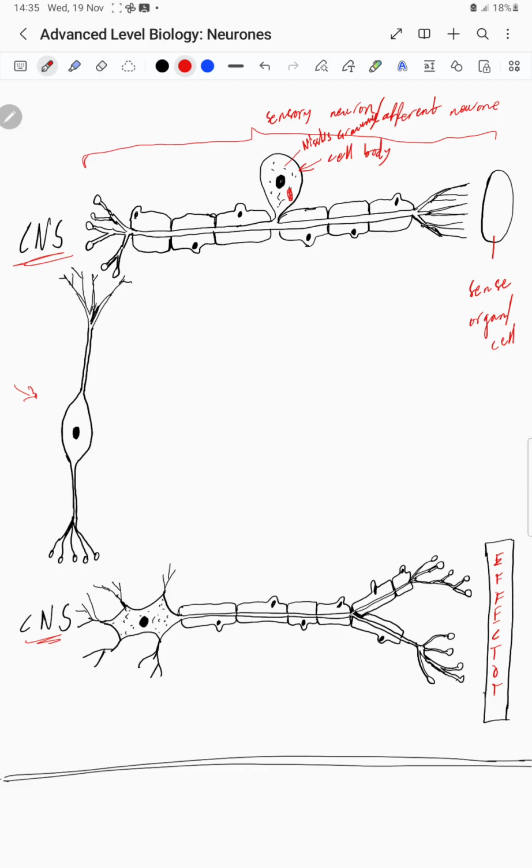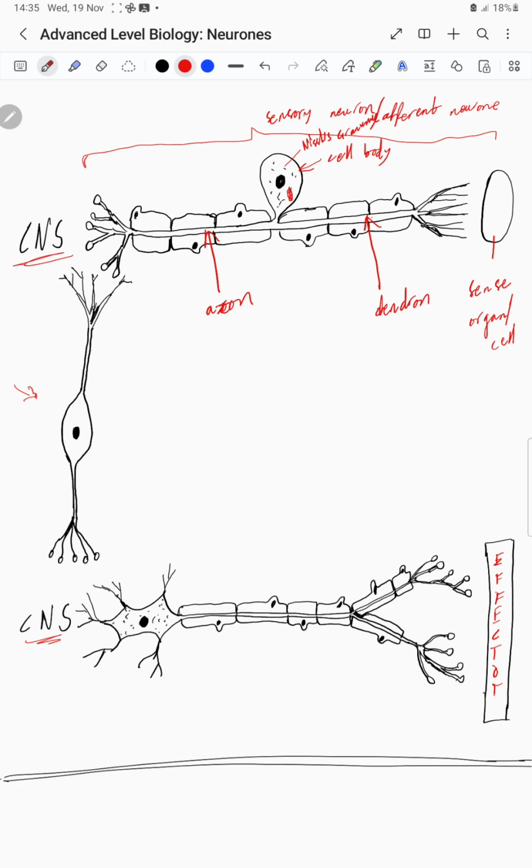This part conducts impulse to the cell body, so we call that a dendron. And this part conducts impulse from the cell body to the central nervous system, and we call this part the axon.